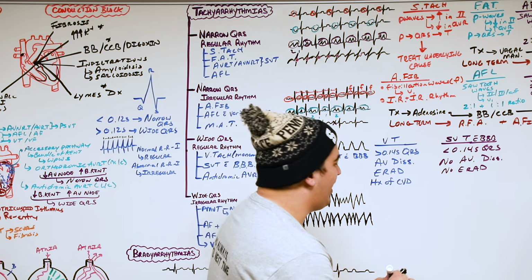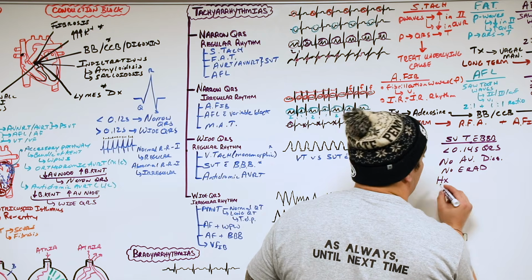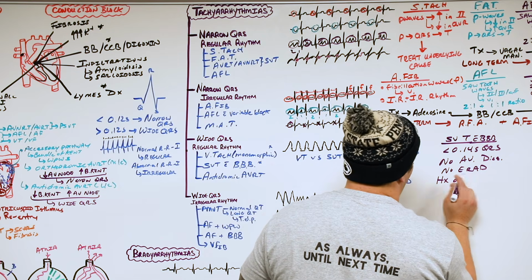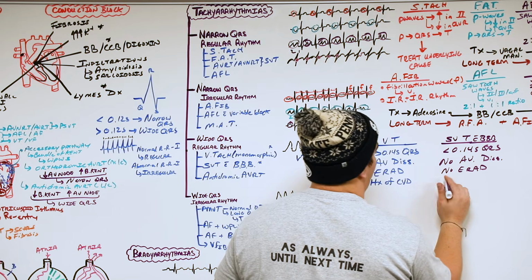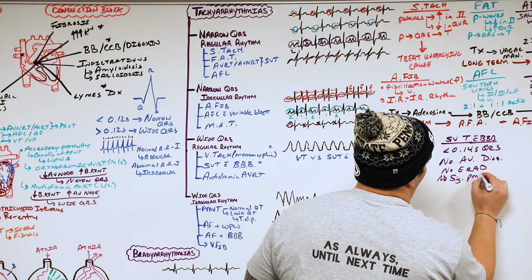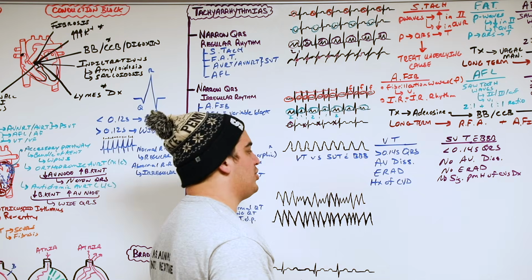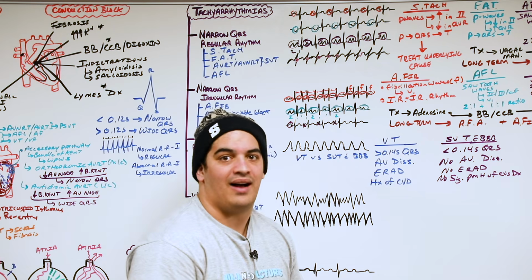SVT with a bundle branch block is not very common in individuals with a history of underlying structural heart disease. So usually there's no significant past medical history of cardiovascular diseases that are structural in origin, and usually less than 35 years of age.